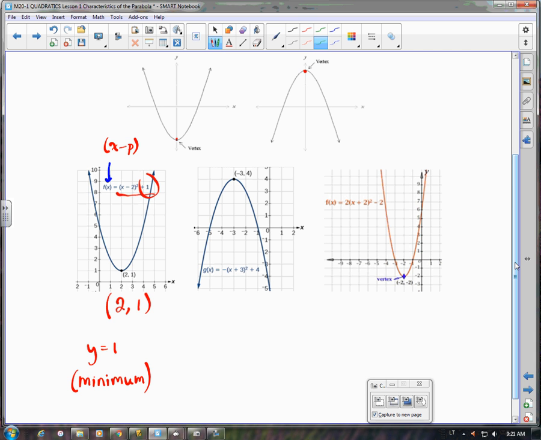Good question. And the answer is no, because the exponent of 2 prevents that. So here's an example, like the second one, which maybe gets to your point. Here you see the x plus 3 inside there is being squared. If we had to write this as x minus, because the vertex form is x minus p, what number would we put there?